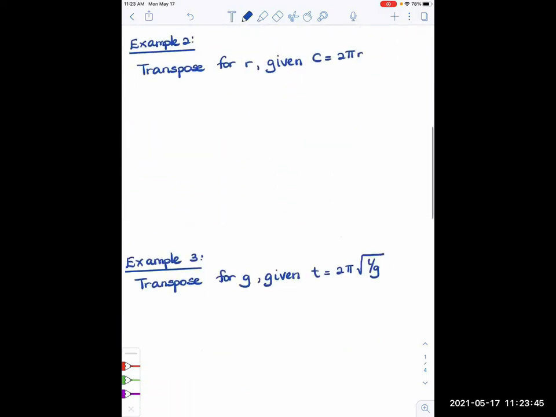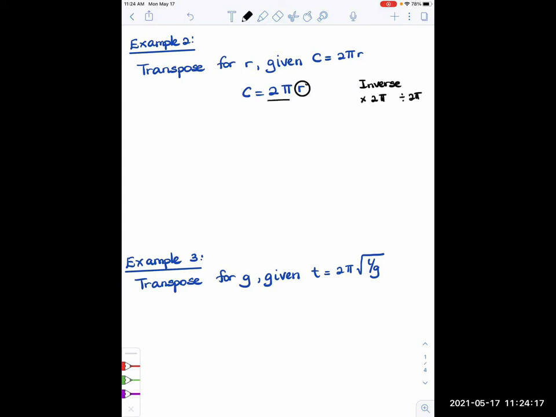In my second example, the formula C is equal to 2 pi r. I want to make R the subject, so I'm going to circle R. So R is positive, so R will remain on that side of the equation, which means I need to eliminate 2 pi. The inverse of multiply by 2 pi is simply divide by 2 pi.